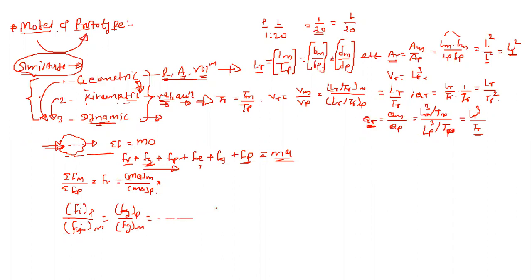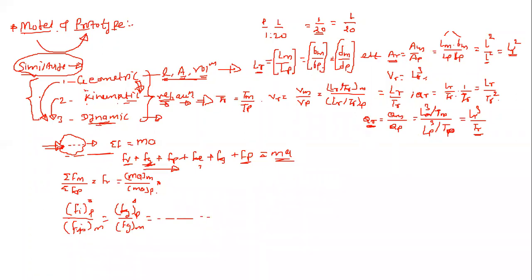The ratio for each and every force must be the same. The scale ratio must be the same. Then and only then can we say that there exists a dynamic similarity.